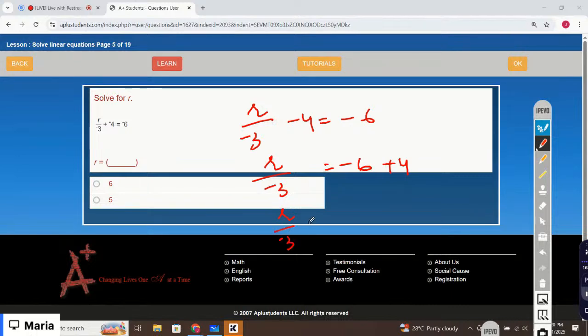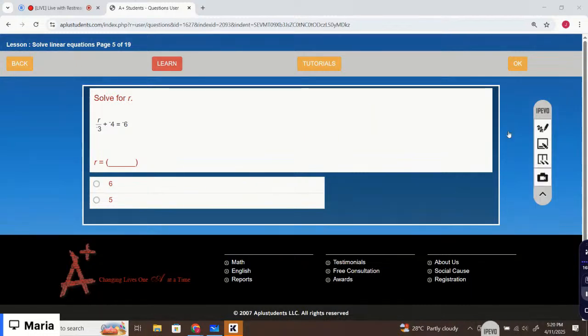R divided by negative 3 is negative 2. So now multiply negative 3 to the other side, that is R equals 6. So the correct option is 6. Option number 1 is the correct option.